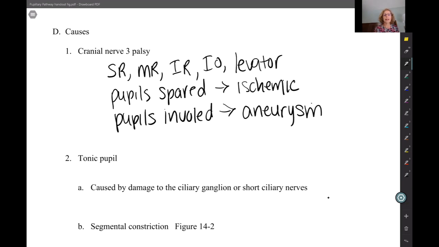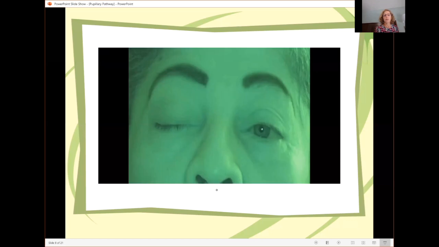Let's look at an example of a pupil sparing third nerve palsy. You can see that this patient does have significant ptosis, and when we raise the eyelid, the right eye is pointing outwards.